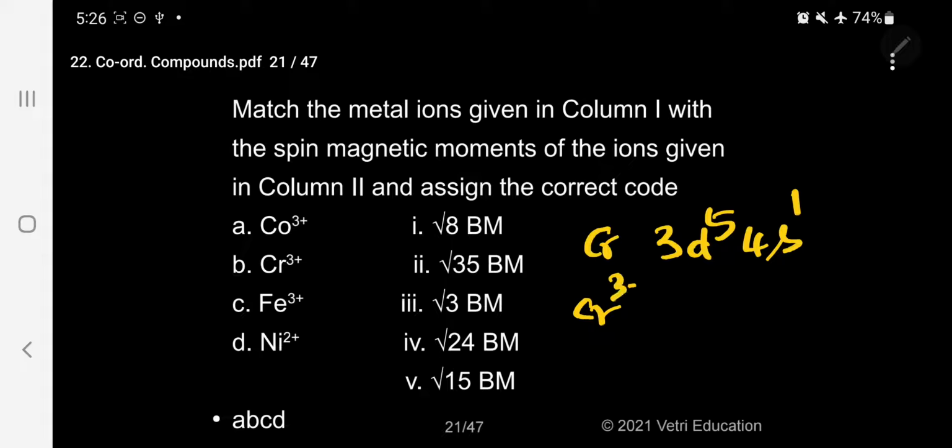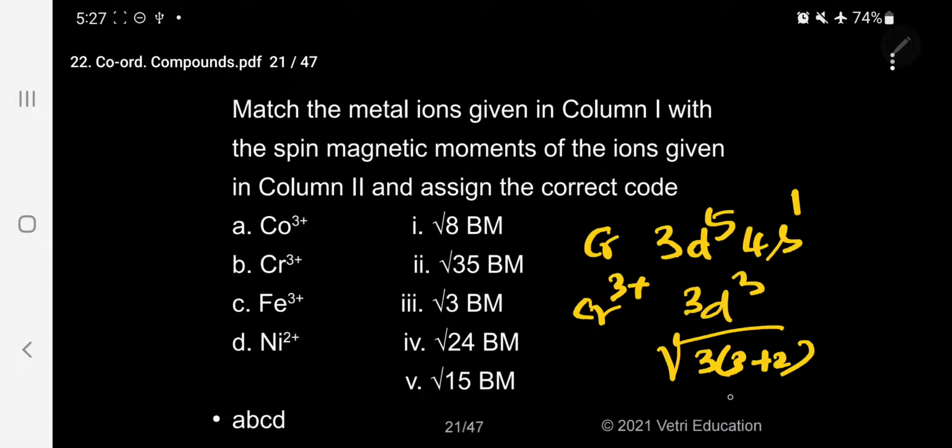Chromium 3 plus means only 3 electrons are there, 3d3 only. 3 electrons means, according to the rule, you can write 3 into 3 plus 2. That means 5, 3 into 5, 15. It's the root of 15. Root of 15 is here. So chromium is here.